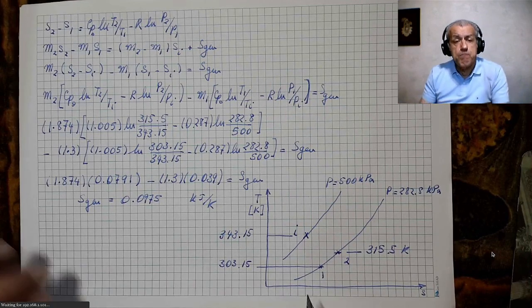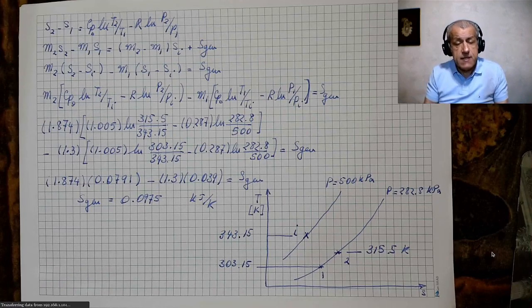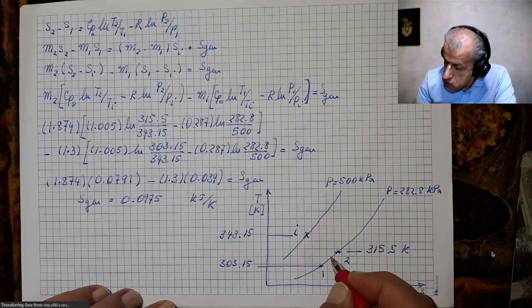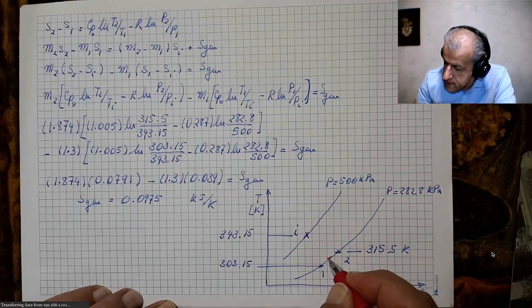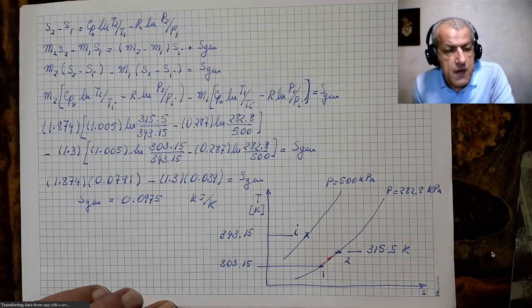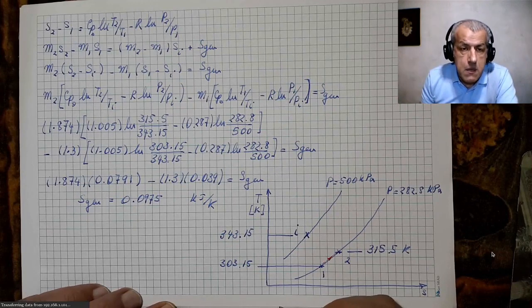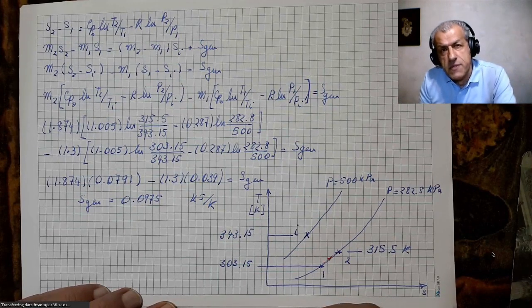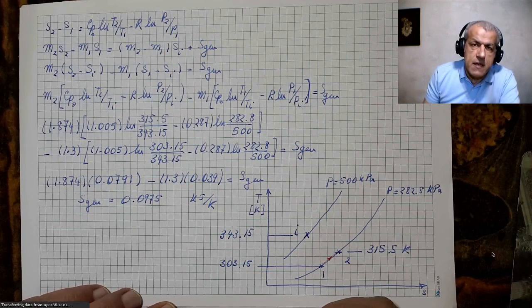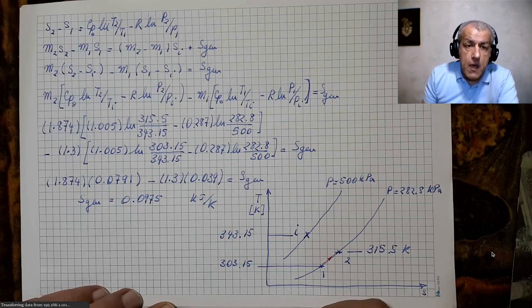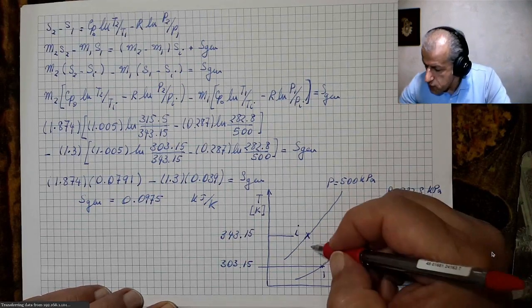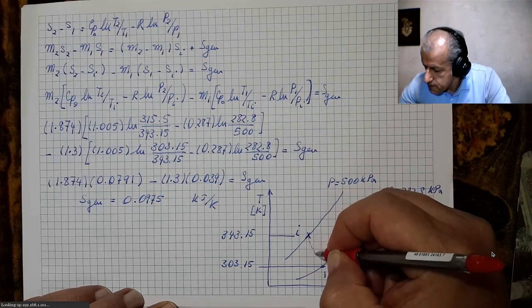The mass that initially was inside the cylinder goes through a process like this. Its pressure remains constant, and therefore the process goes from 1 to 2. But what's the process that happens to the mass that enters this control volume? Initially, it is point I to 1.